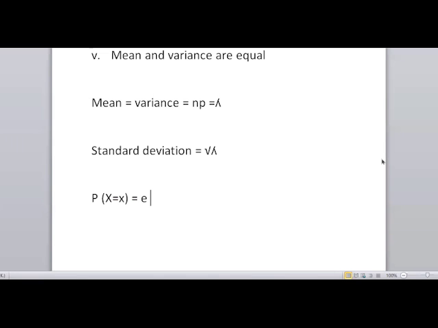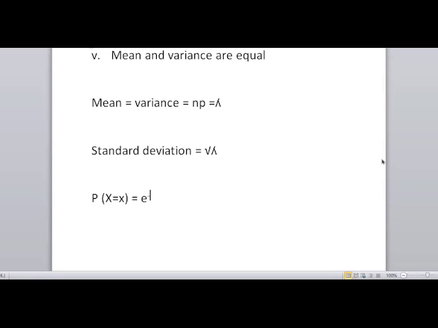Later on I'll show you how it looks. I hope we're able to notice the difference. So the formula is E to the power negative lambda.